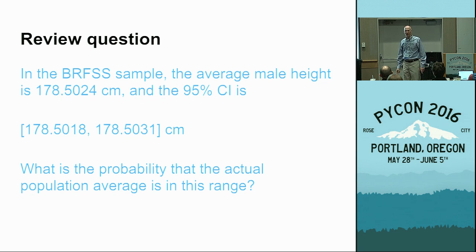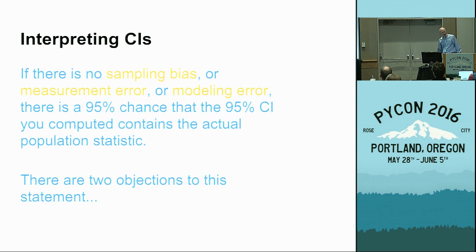Okay. You're all shaking your heads, groaning, and telling me that it's probably quite small. And that is true. We really don't know. From doing this kind of estimation, we cannot answer that question. What is the probability that the true value falls in that range?